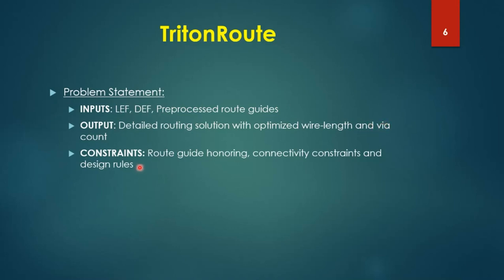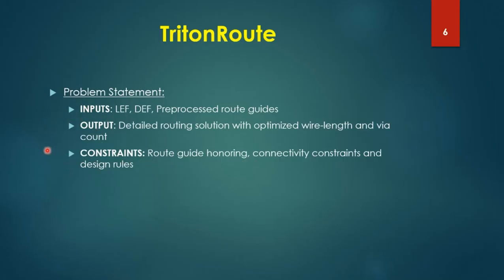And what are the constraints? The first constraint is that the detailed route must happen within the route guide. Then there are connectivity constraints, which we will touch on. And then it must abide by the design rules, that means there should be no design rule violations. So these are the constraints.